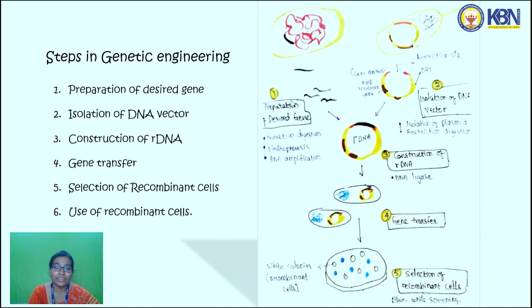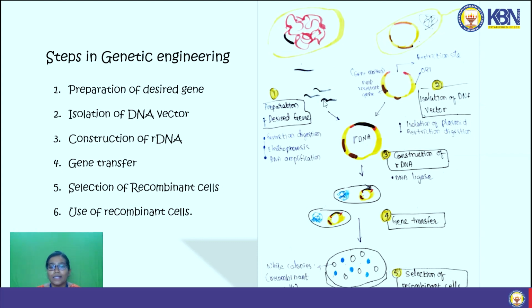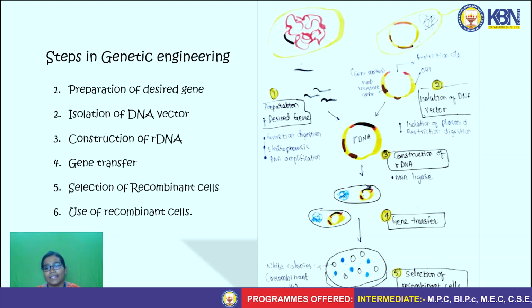So with those copies, we can go further for the genetic engineering process. Now the first step of genetic engineering is complete, that is preparation of the desired gene. Now we have a number of copies of one particular desired gene. These are the copies. Now we can go for the second step, that is isolation of DNA vector.